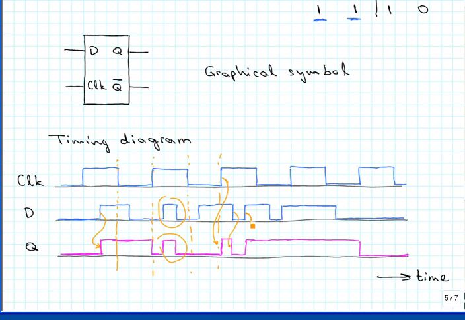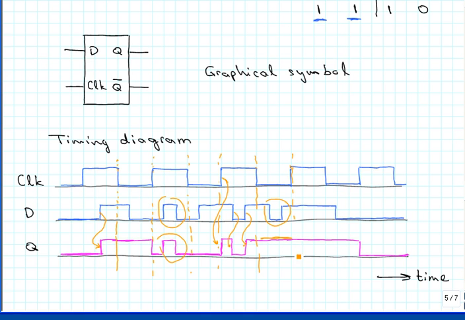And then it goes high again, and the clock is still in the enabled value up until this point here, and then the contents are frozen again until we see the next clock. And so even though we have for the data a dip going down to 0 and then back to 1 again, this does not go through to the output because it's during the disabled time when the clock is low.